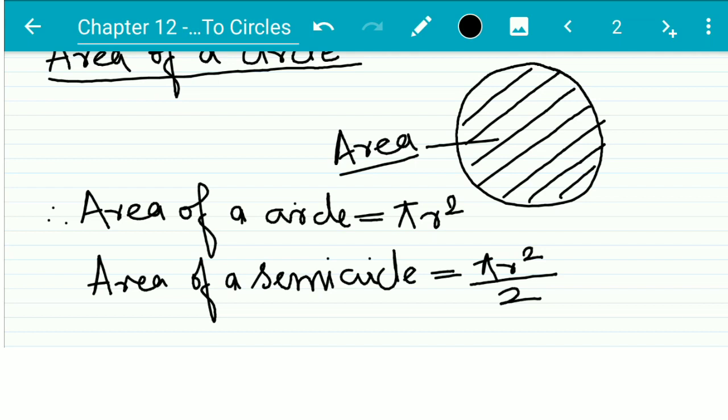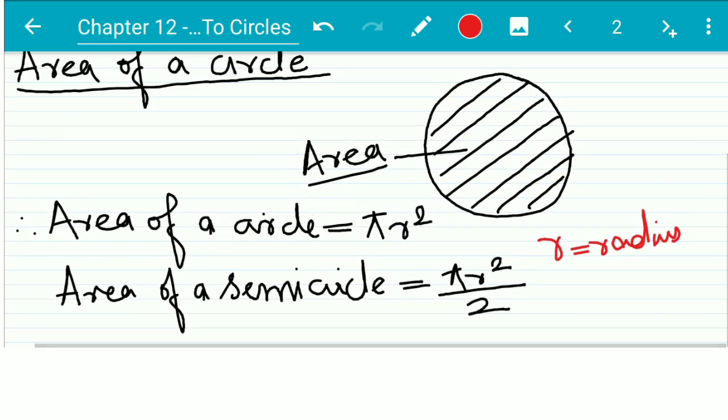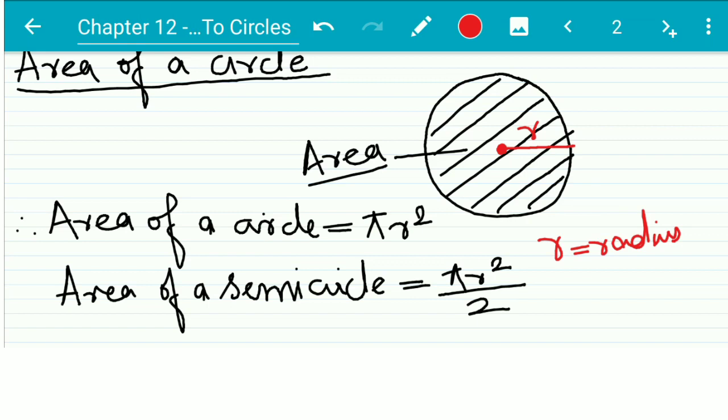Okay, so here in pi r square, r means the radius of the circle. See, radius will be from the middle of the circle till here. And what will be this full portion? Half of that is radius, so this full line will be the diameter of the circle.